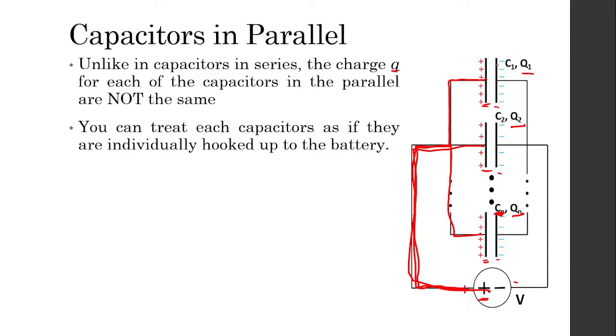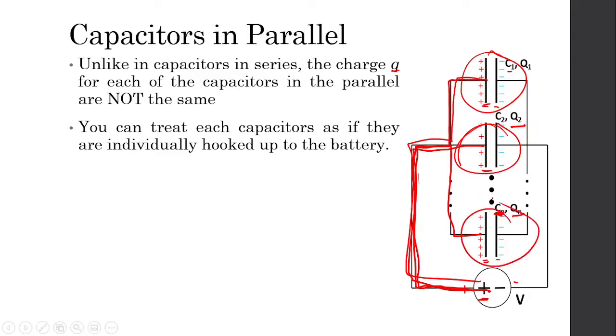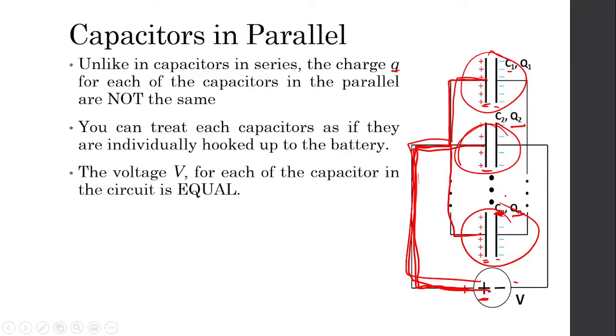Unlike here, wherein capacitor 1 is connected directly to the battery, as you can see here. And this is true for all the individual capacitors in a parallel. You can treat this as if it is connected individually to the battery. You can treat this as if it's connected individually to the battery. The same thing for your last capacitor. And it doesn't matter how many capacitors you have.